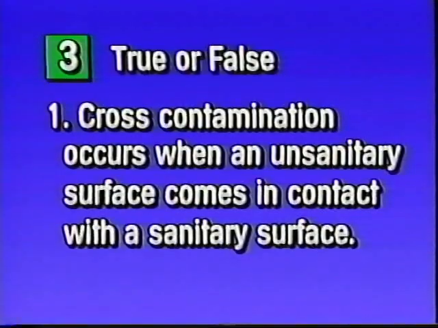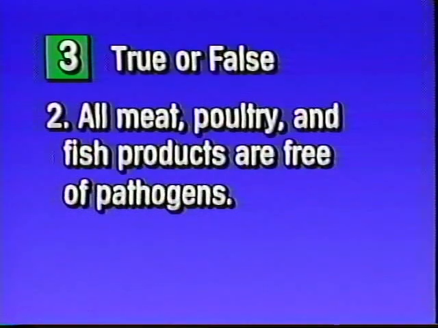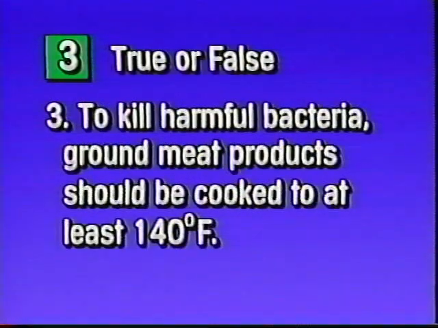True or false? One, cross-contamination occurs when an unsanitary surface comes in contact with a sanitary surface. Two, all meat, poultry, and fish products are free of pathogens. Three, to kill harmful bacteria, ground meat products should be cooked to at least 140 degrees Fahrenheit.